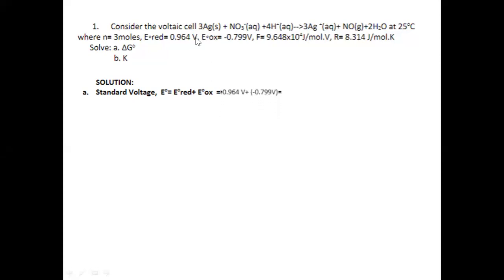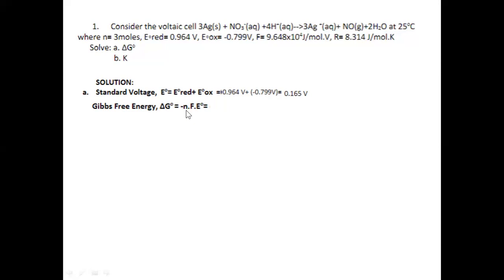So we're going to add 0.964 volts plus negative 0.799 volts, which gives us 0.165 volts. And for the Gibbs free energy, delta G naught is equal to negative N multiplied with the Faraday's constant times E naught, the standard voltage.